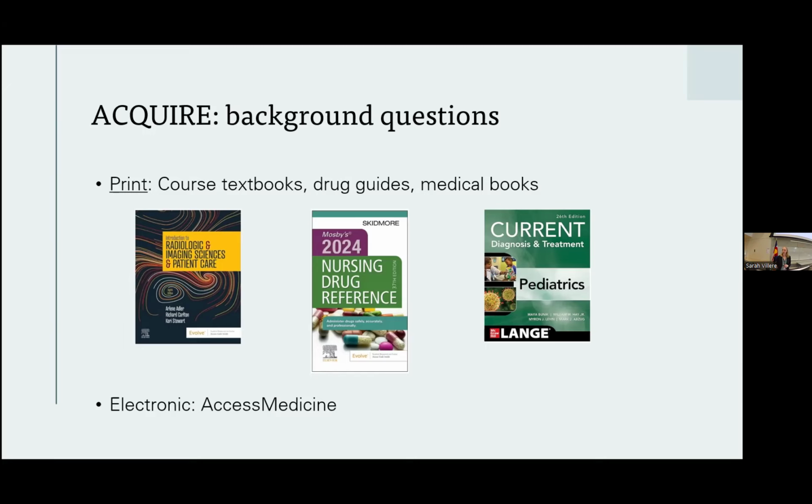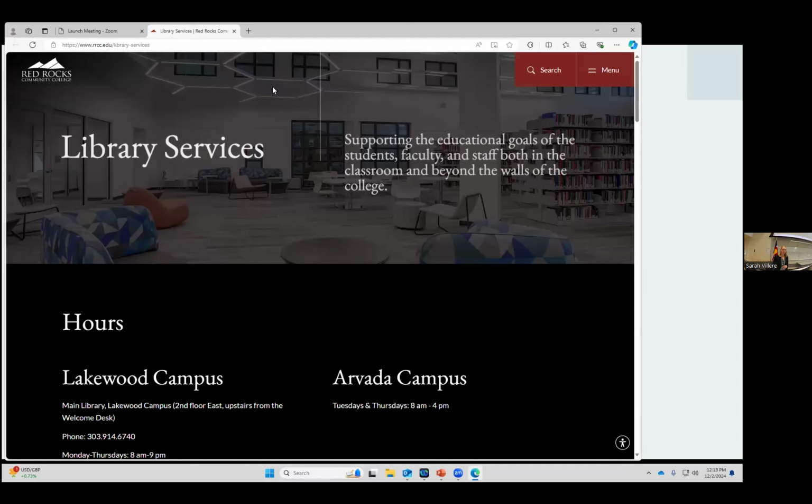And since we have a new library website, I did want to show you briefly how to find the course catalog, or the library catalog. So let's see if this works. Yes. So this is the new library webpage.